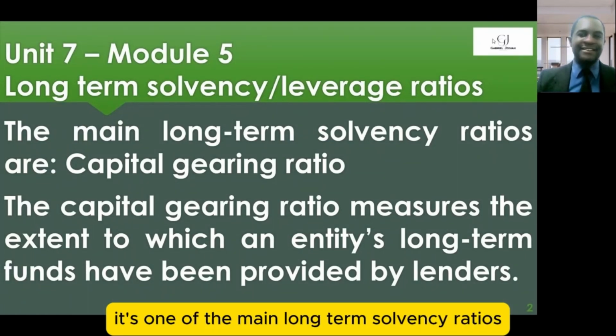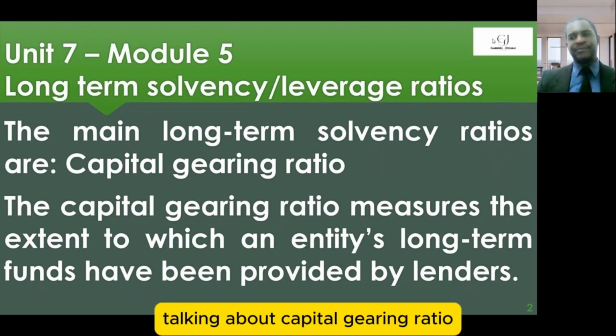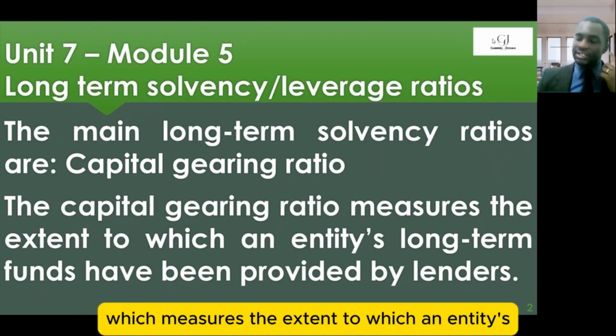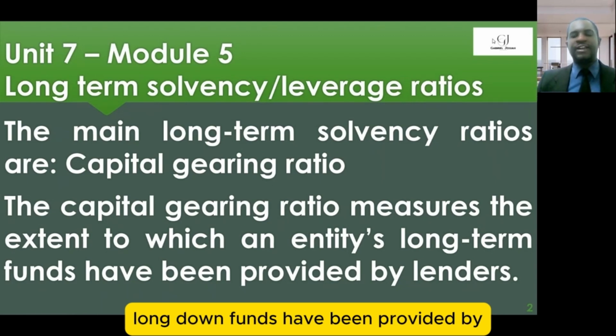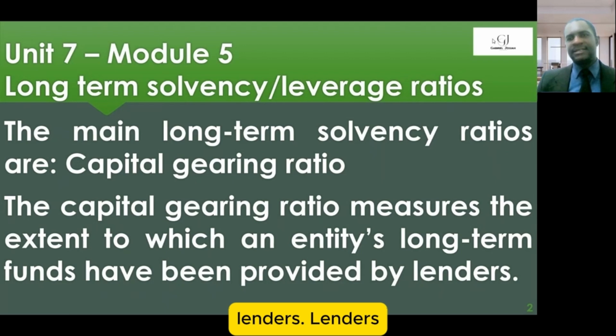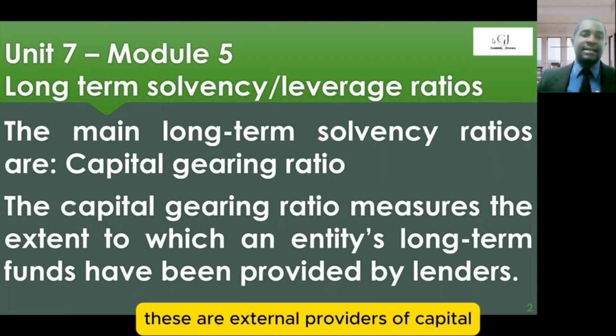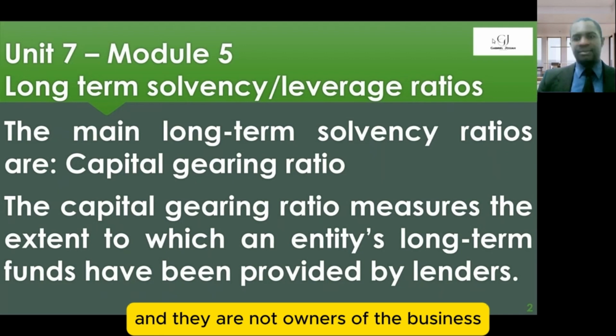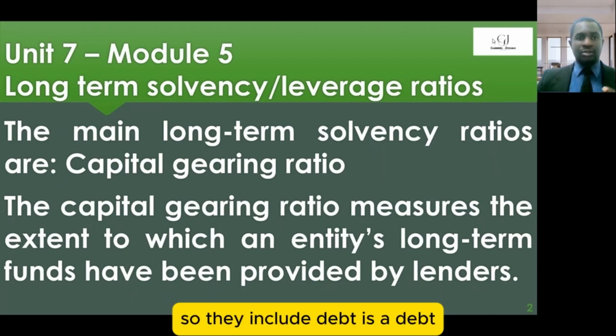It's one of the main long-term solvency ratios. The capital gearing ratio measures the extent to which an entity's long-term funds have been provided by lenders. Lenders are external providers of capital and they are not owners of the business. So they include debt.